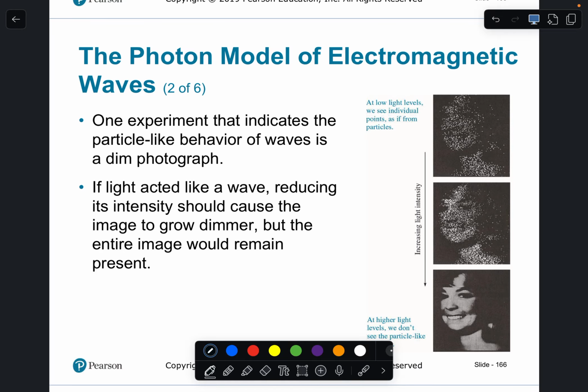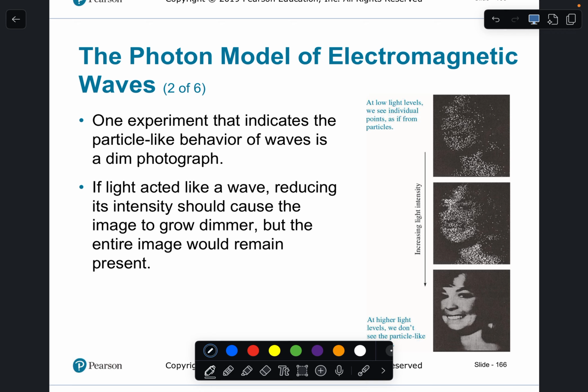You would think that if electromagnetic waves are waves, that if we took a dim picture, the whole picture would look dimmer. But when you take a picture without a lot of light, you actually see speckles, right? You don't just see this whole picture getting dimmer. You start seeing the speckles. The speckles are evidence of the particle-like nature of electromagnetic waves.